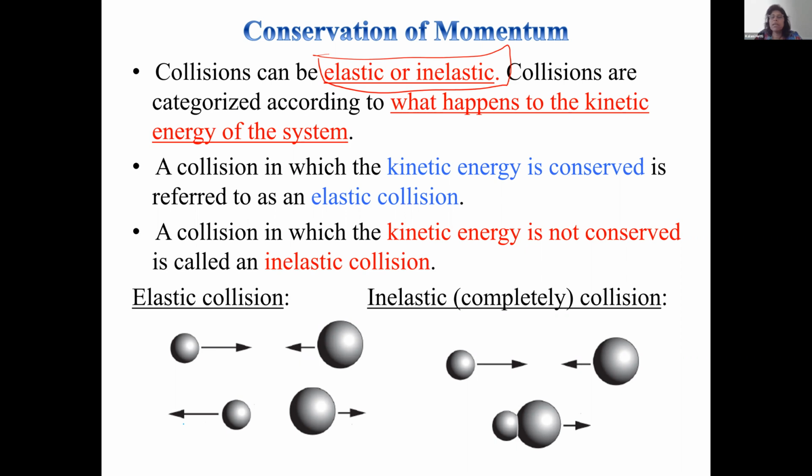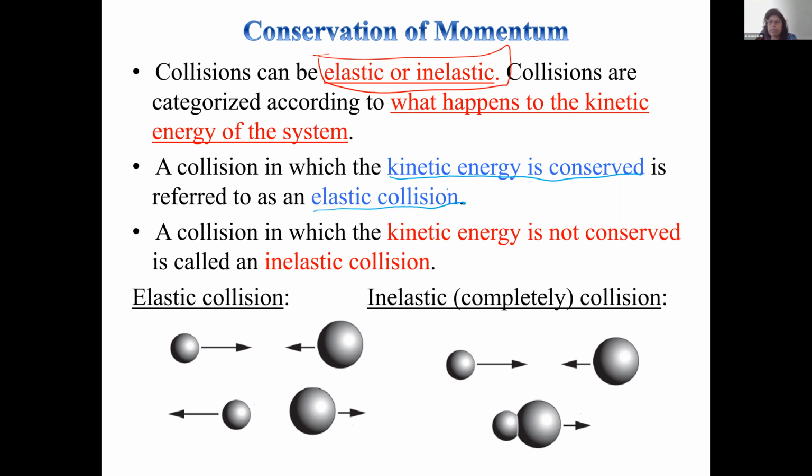What that means is if you have two objects colliding with each other and you calculate the energy, especially the kinetic energy, and we're going to do everything on the horizontal plane, if the kinetic energy of the system before the collision is equal to the kinetic energy of the system after the collision, then we say kinetic energy is conserved, as we discussed in an earlier section. In that case, we call the collision an elastic collision. So kinetic energy is conserved when the collision is elastic.